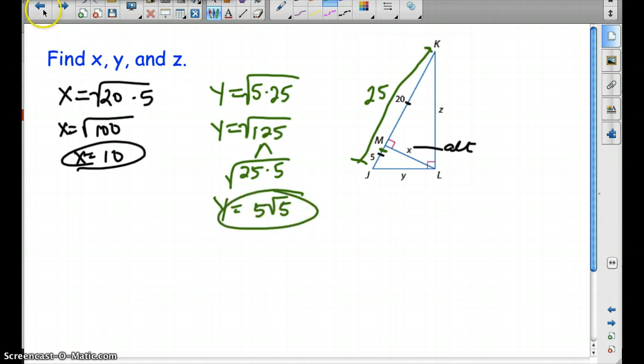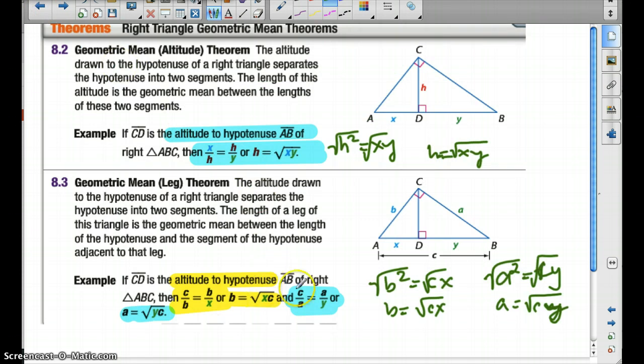And again, since it was my short leg, I went back and looked at the theorem: my short leg times the long side, the whole c. All right, the next one is the long leg that we have to find, z.